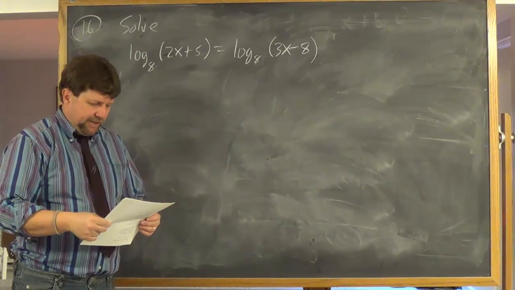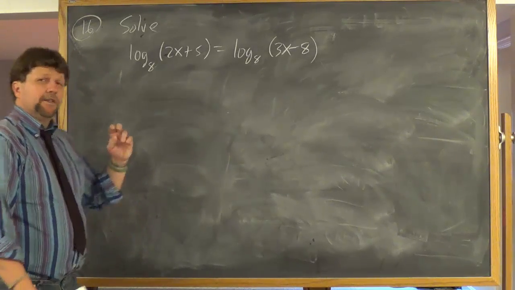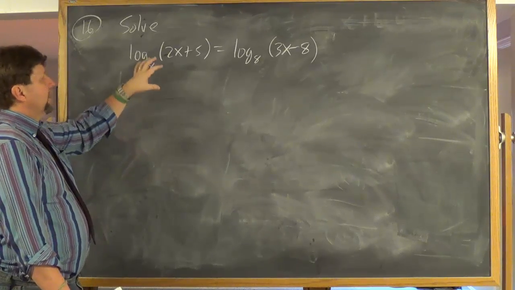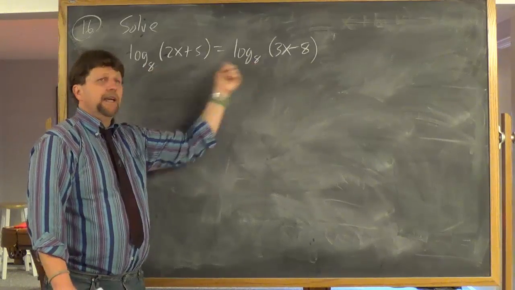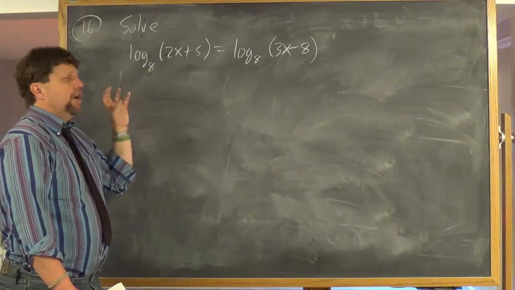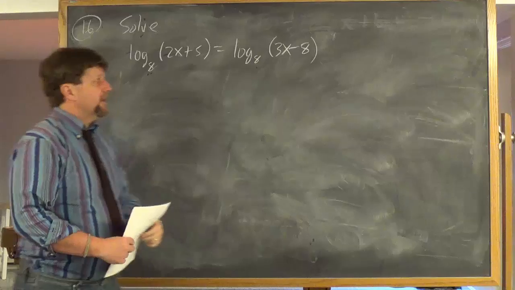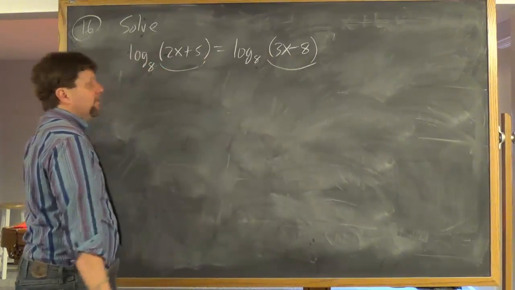Hey folks, here in number 16, you're asked to solve a logarithmic equation. So again, I'm going to just kind of crank this out pretty quickly. When you have a log equaling a log, if the bases are the same, and they are here, this is a base of 8, this is a base of 8, the only way you can have this log expression equaling this log expression is if those two pieces are equal.